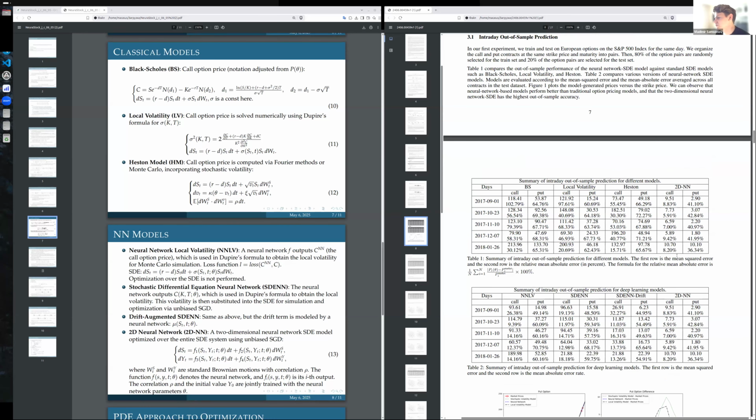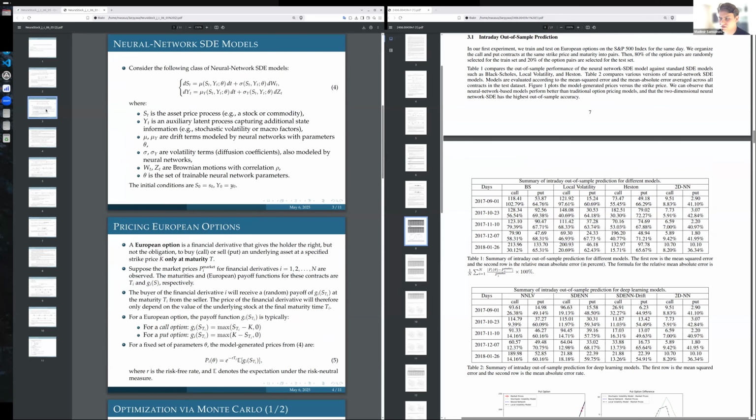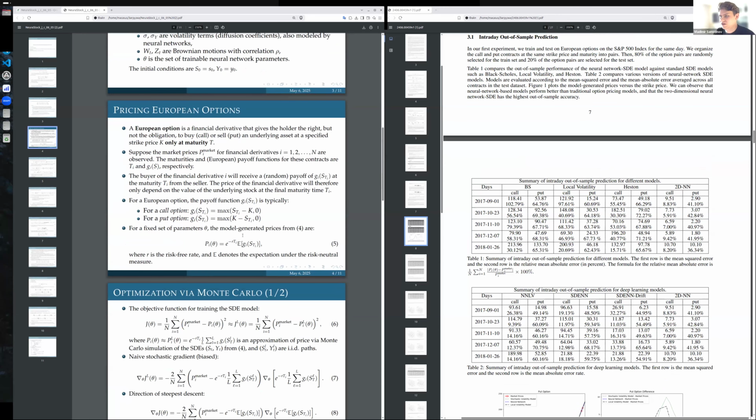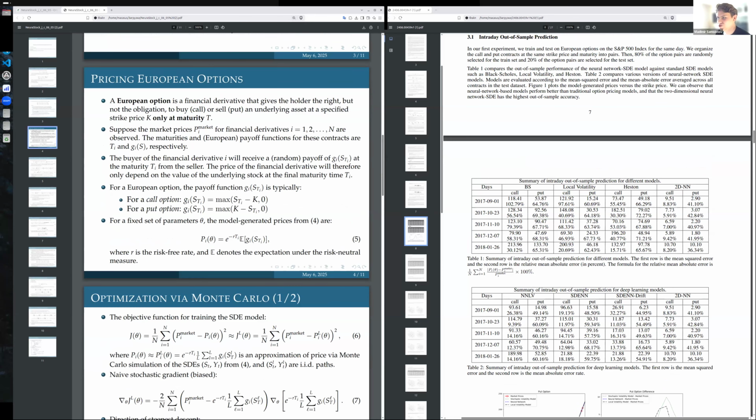But it's interesting that it's different for call option and put option. We can imagine that call option is a long and put option is short, and results for short and long differ very much.